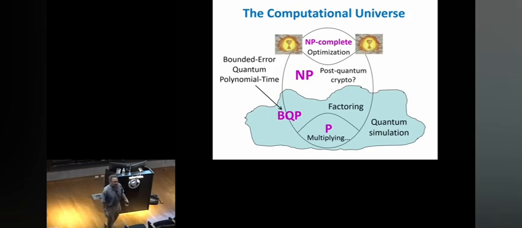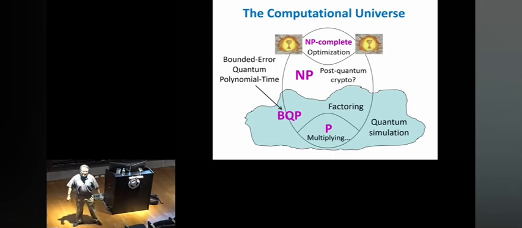It's the class of all the problems where there is an algorithm running on a conventional computer, like the one in your pocket, that uses a number of steps that grows at most like the number of bits in the input raised to some power. So like a linear time algorithm, a quadratic time algorithm, O of n squared. Most of what we do with our computers on a day-to-day basis involves solving problems in P.